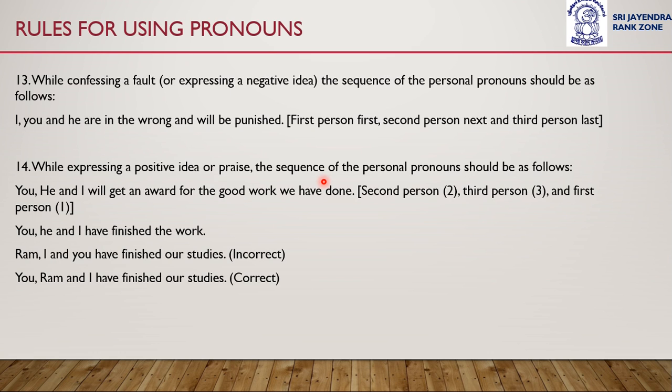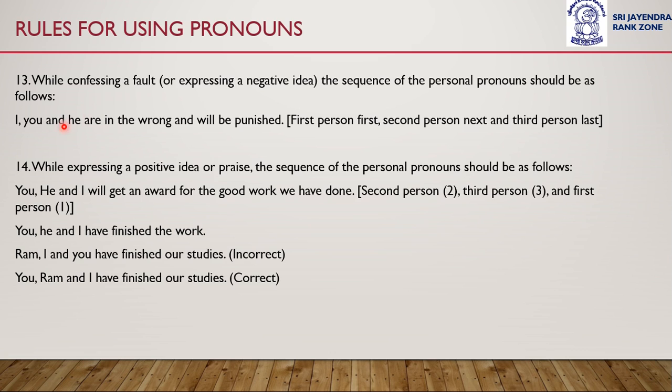Rule number 13. While confessing a fault or expressing a negative idea, the sequence of the personal pronouns should be as follows. I, you, and he are in the wrong and will be punished. First person first, second person next, and third person last. Okay, we will use the first person at the beginning, the second person will come after the first person, and the third person will be the last one.